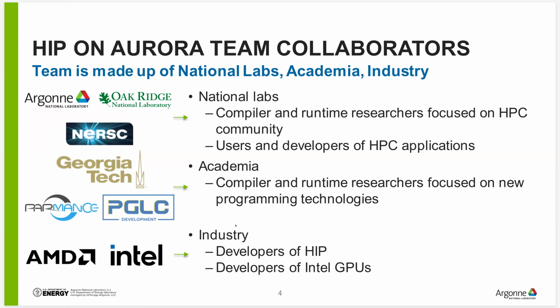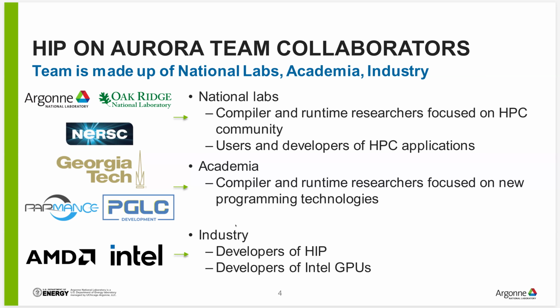So who is the HIP on Aurora team? The team is a bit disbanded now that ECP is done, but all of these partners collaborated on the project. So Argonne, of course, Oak Ridge and NERSC, the 3 national labs which were interested in the exascale project at first.